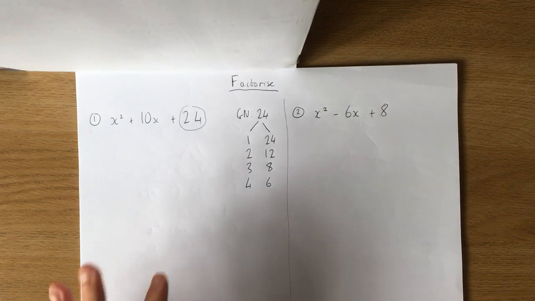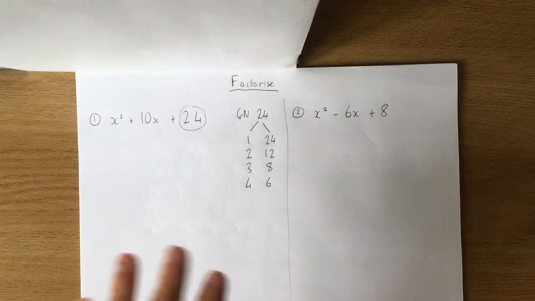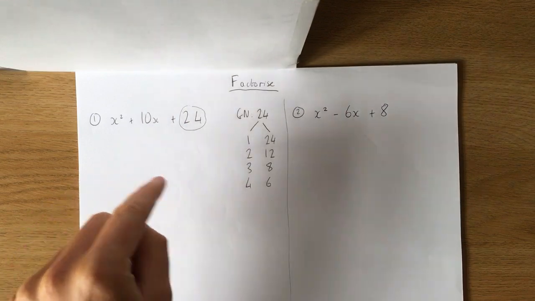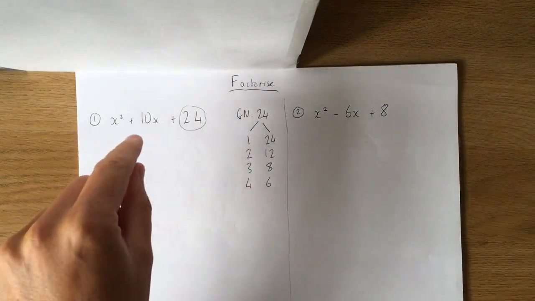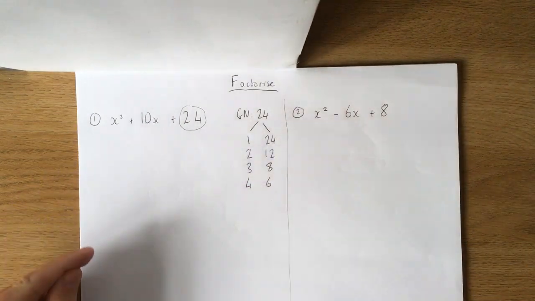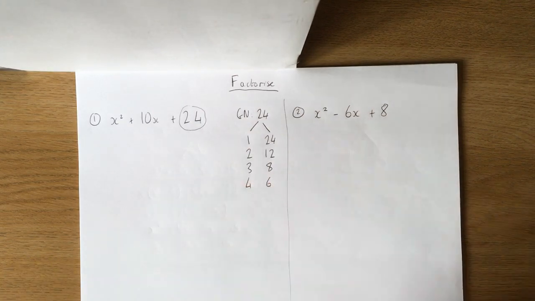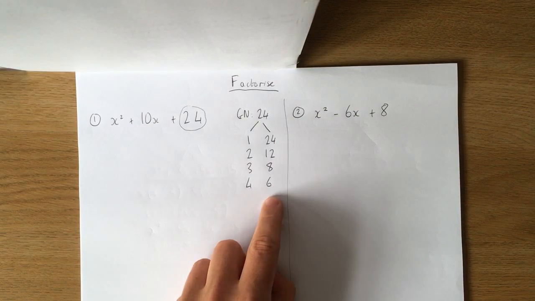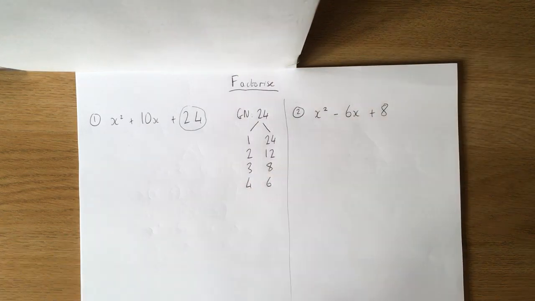If you're not too comfortable doing that division quickly in your head, or if it's an awkward number, you can just get your calculator out and go 24 divided by 2, divided by 3, divided by 4. If it goes in evenly, you write it down. If it doesn't, don't write it down. When you get 24 divided by 6 is equal to 4, that's a repeat, so you can stop.